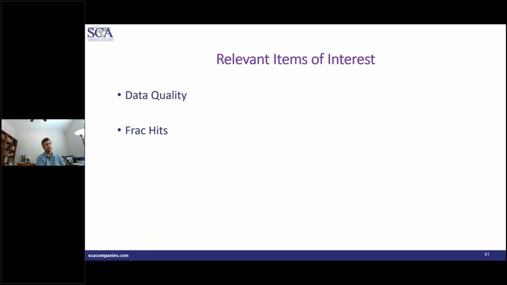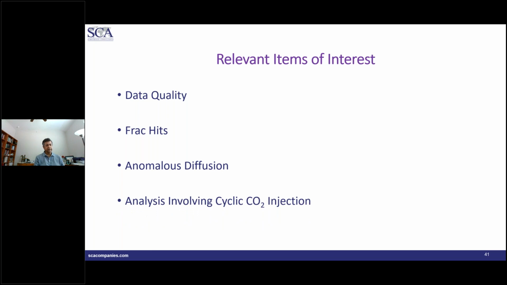Then the frac hits, the interaction when you are drilling an infill well, where the parent well would interact with the child. And then anomalous diffusion comes into play, not only in unconventional, but also in conventional systems. And when you are doing any CO2 huff and puff type of operation, we need to know what's going on. So we cannot just fit a decline curve through everything. We need to understand the underlying physics.